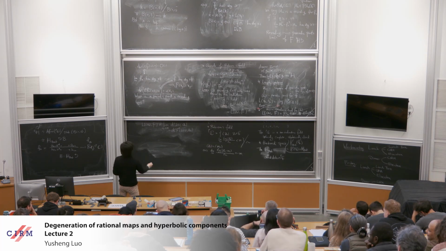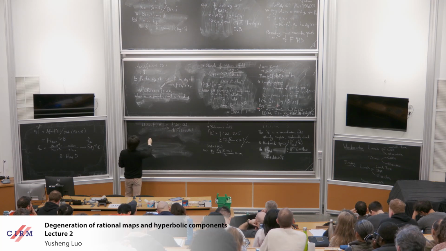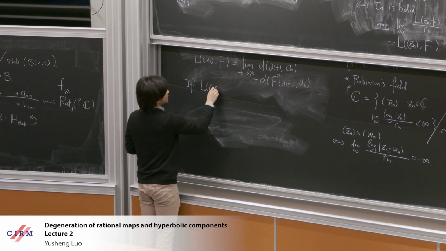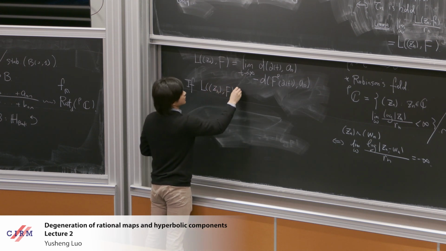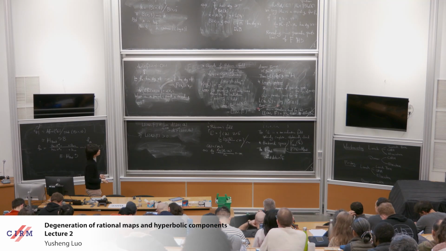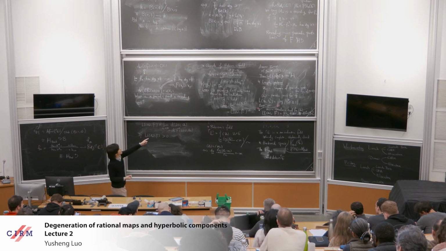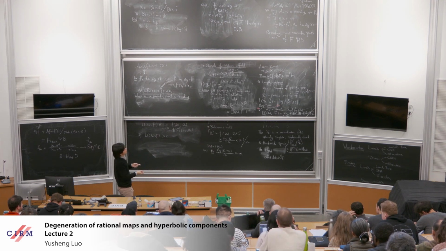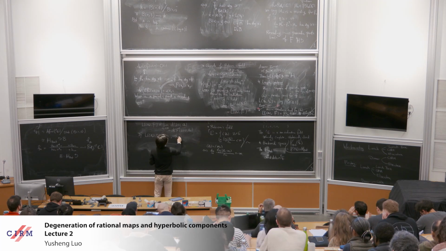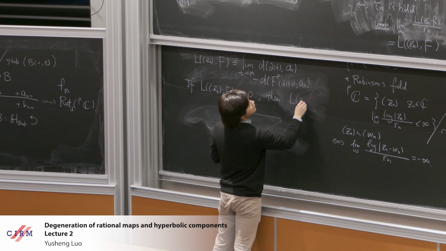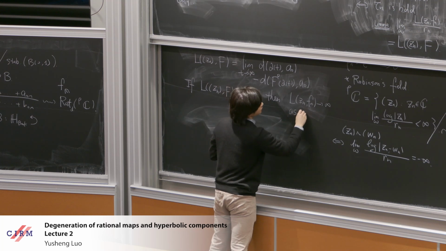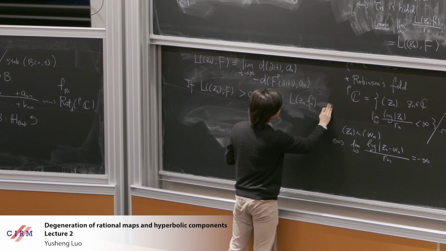All right, so one nice corollary of this lemma here is that if L of Zn f is positive, then we have repelling periodic points, and then this periodic cycle along the sequence goes to infinity at a rate of Rn. Then this L of Zn, Fn, they go to infinity, or maybe they're comparable to Rn.